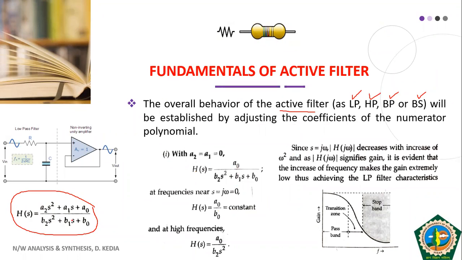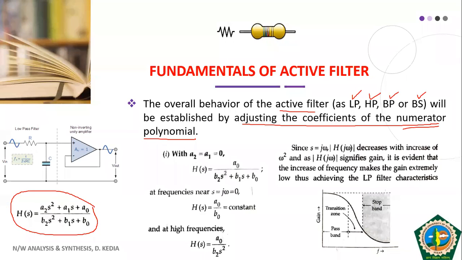Obviously the coefficients of the polynomials of the transfer function will decide whether a given active filter will work as low pass, high pass, or band stop. The denominator polynomial defines the order of the filter, whether it is first order, second order, or third order, which in turn decides the attenuation characteristics.